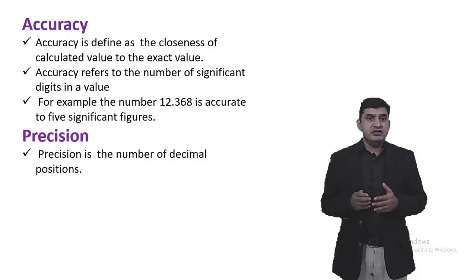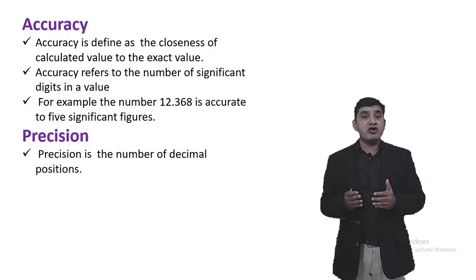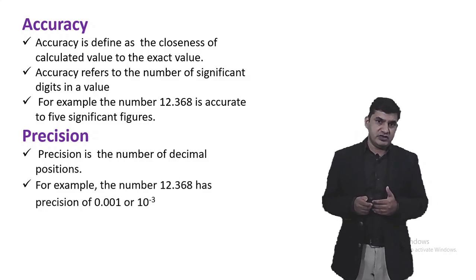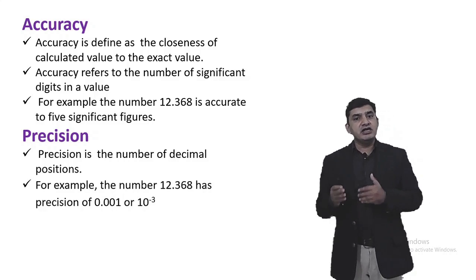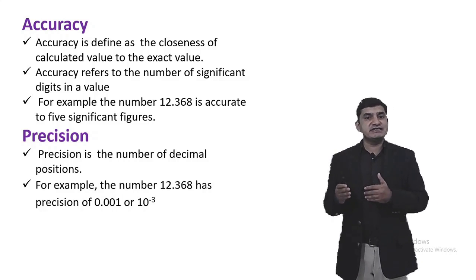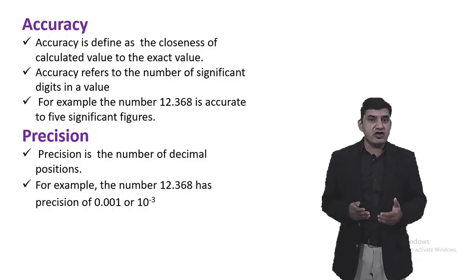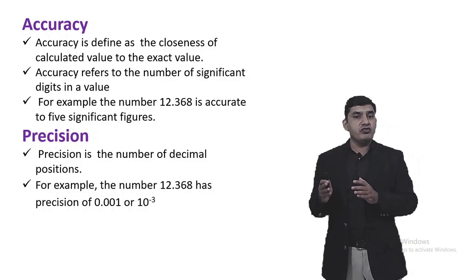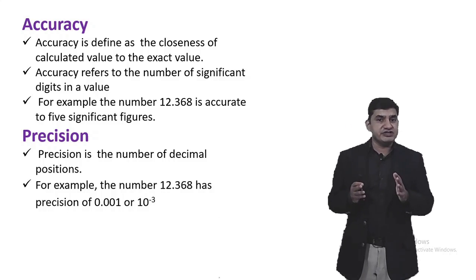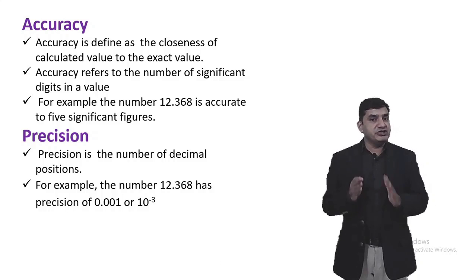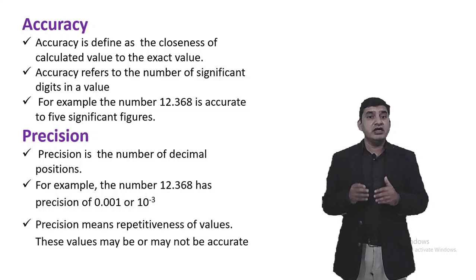Precision. Precision is the number of decimal positions. Okay. For example, the number 12.368 has a precision of 0.001, that is 10 raised to minus 3. This is the precision.